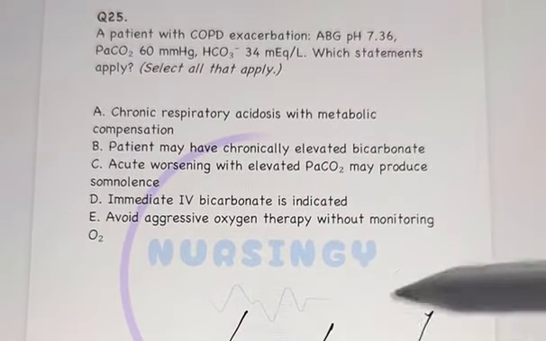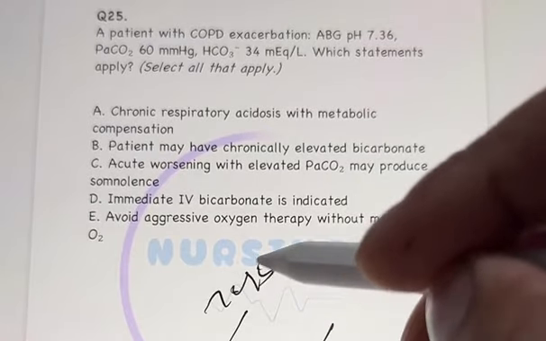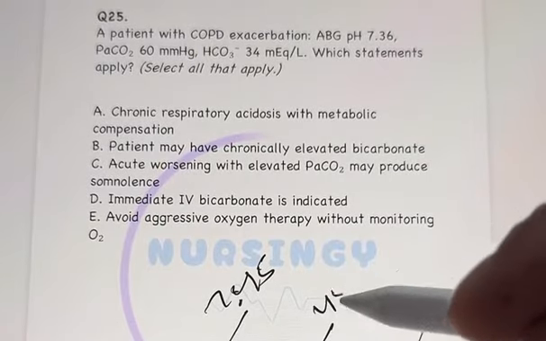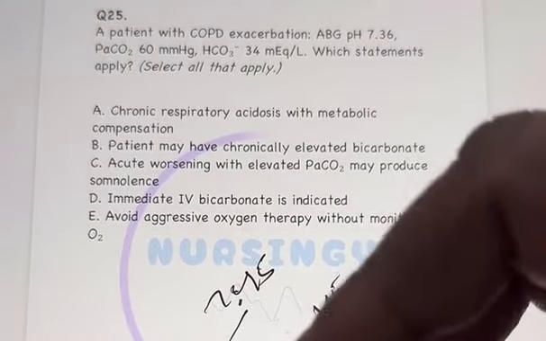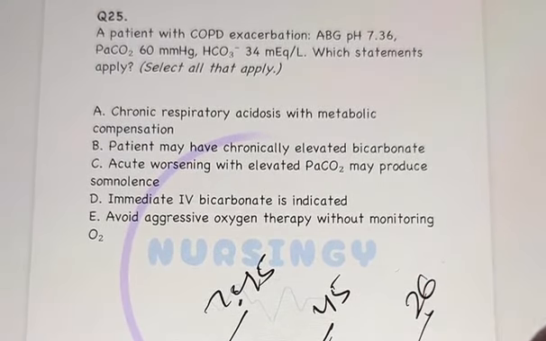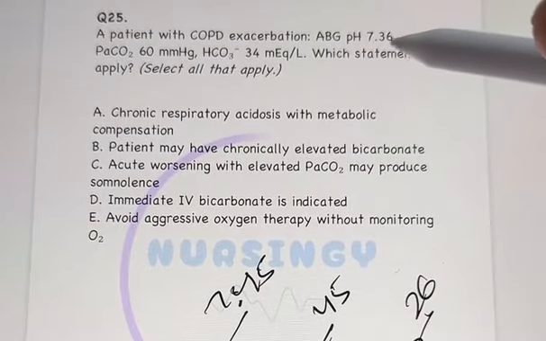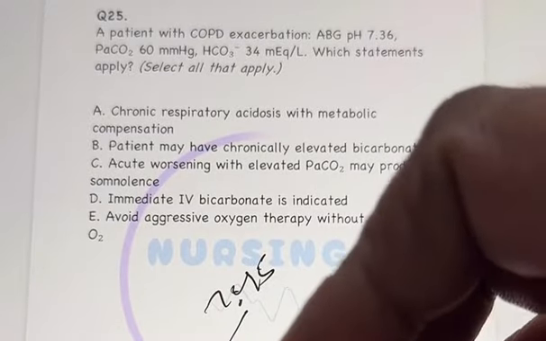So three lines again. 7.35, 7.45, and then 35 to 45 PaCO2, and 22 to 26 HCO3. I'm going to change the color. We have pH 7.36, so it is standing here near the middle.